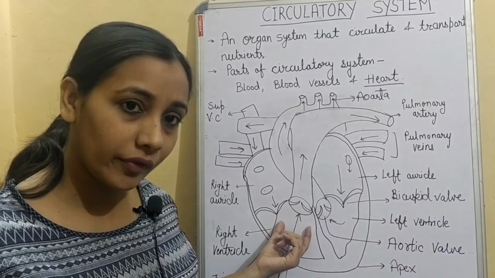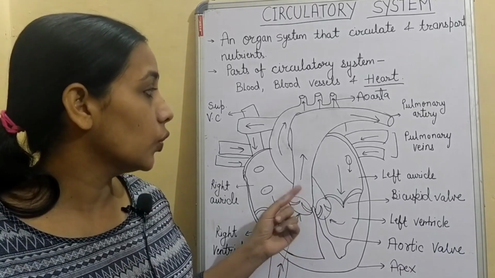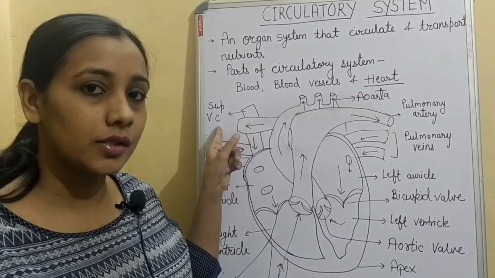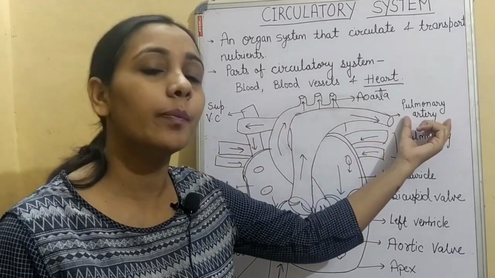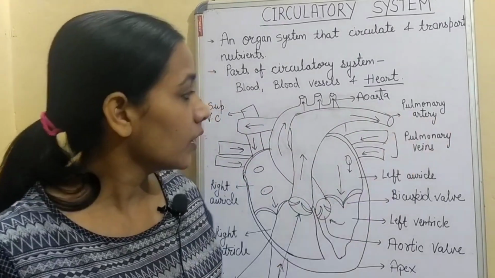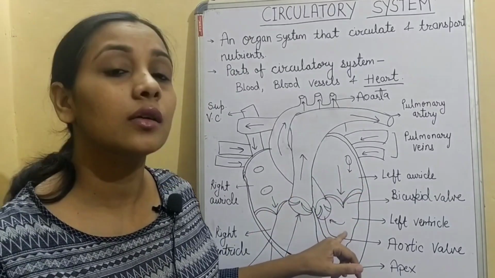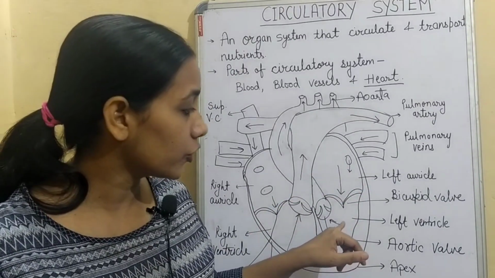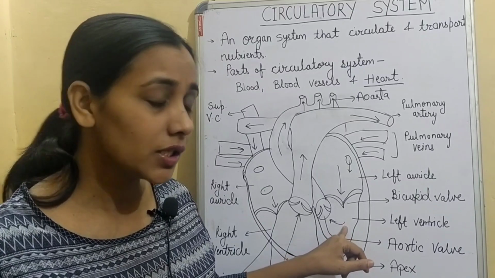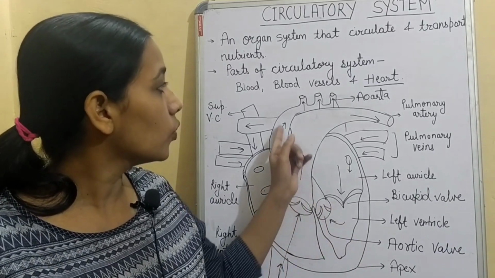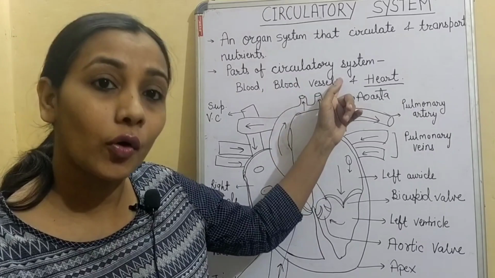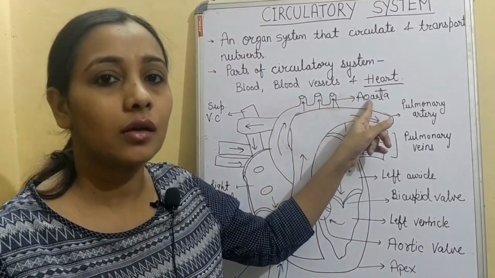From the right ventricle, it will go to both of the lungs through the pulmonary artery. Similarly, blood from the left auricle will come to the left ventricle, and through the left ventricle, the oxygenated blood will go to the different body parts through the aorta.